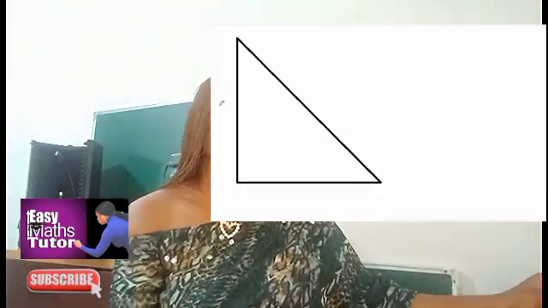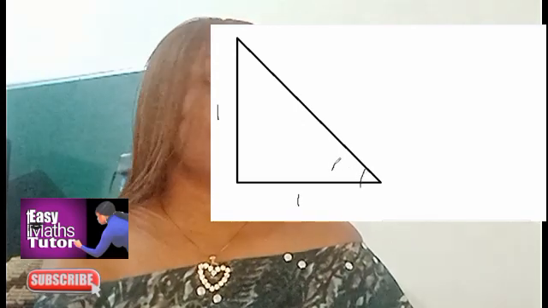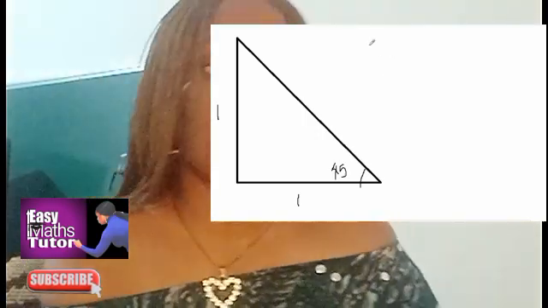So quickly, we're going to solve a quick problem. Given a right angle triangle, in which the two sides are 1 and 1, find x. The angle of one side of this triangle is 45 degrees.